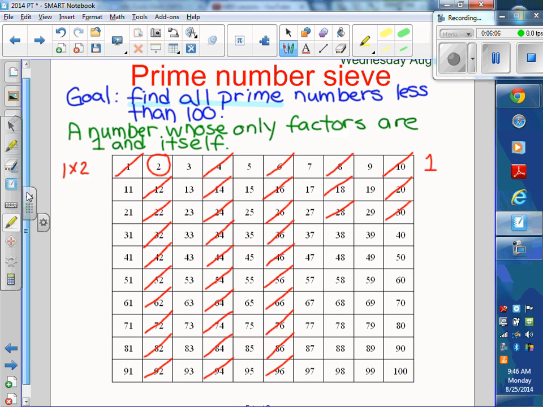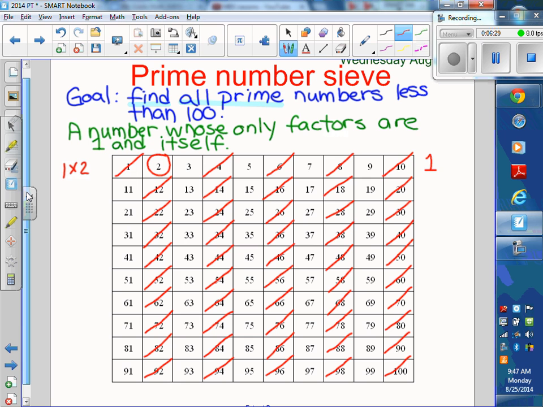So we're crossing out everything that's not prime. 38, 48, 58, all of those are even numbers. And the only even prime number is 2. All of these are even numbers, 70, 80, 90, 100. So we have just gotten rid of many, many numbers that are not prime.